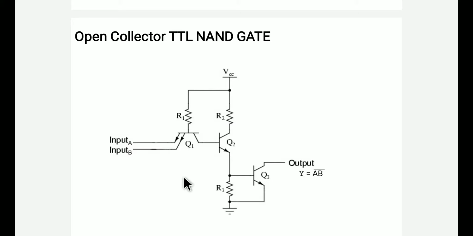The operation is simple. If any input of the Q1 transistor is low, the emitter junction is forward biased and the collector junction is reverse biased, with this low voltage applied at the input.